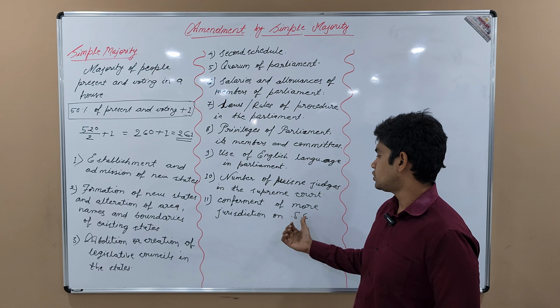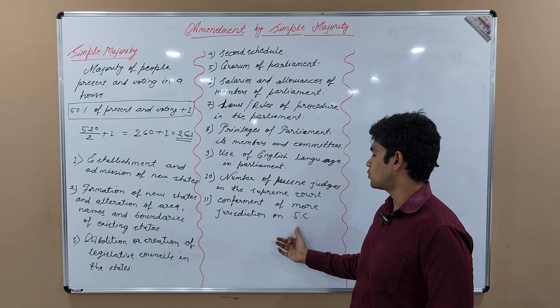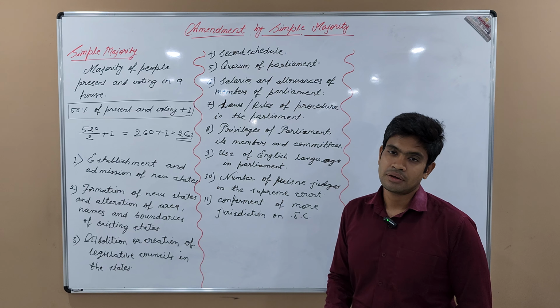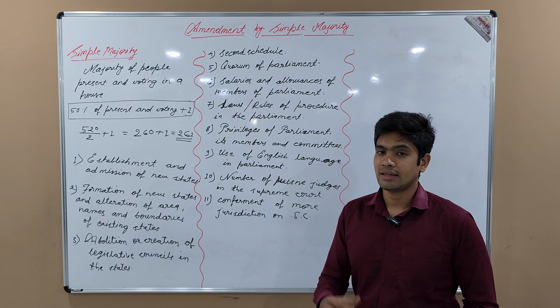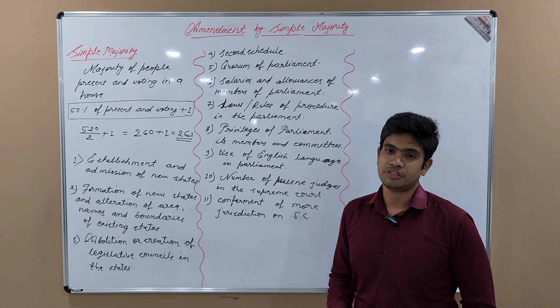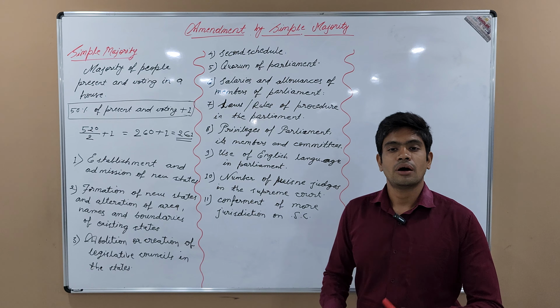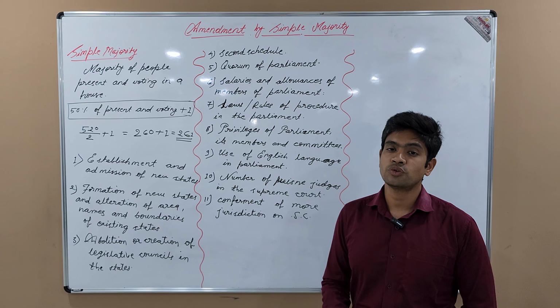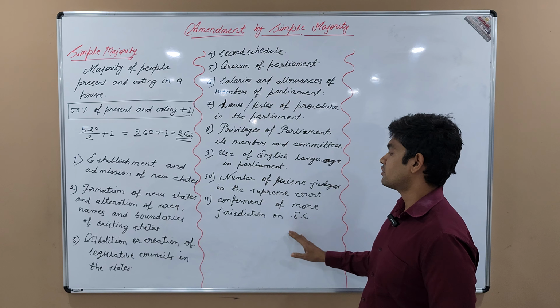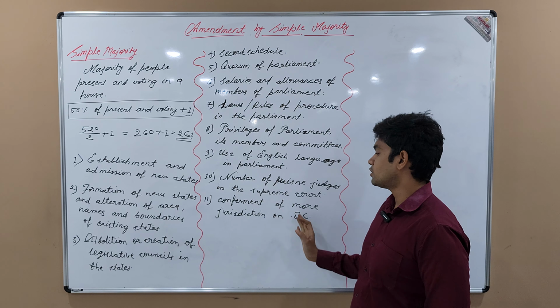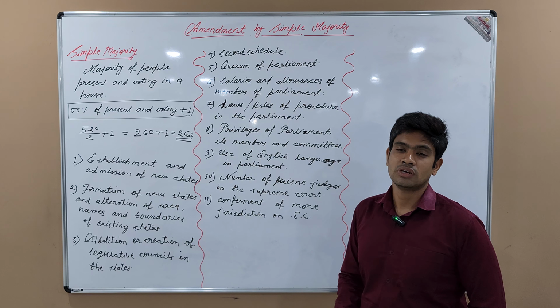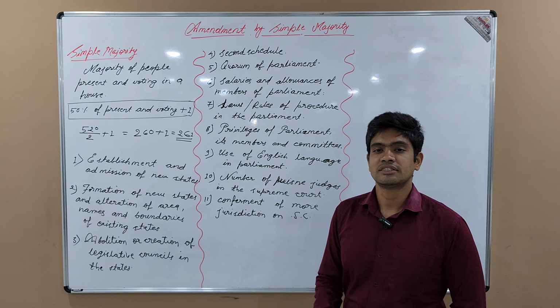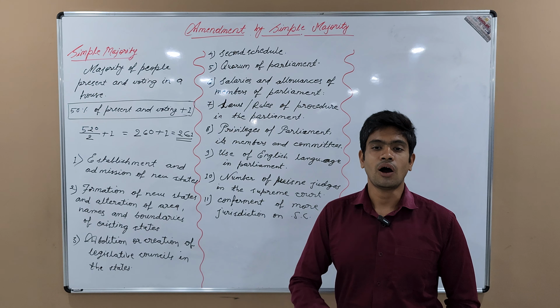So the conferment of more jurisdiction on Supreme Court can also be done by simple majority in each house of the parliament. So whenever a bill will be introduced which proposes increase in the power of the Supreme Court or conferment of more jurisdiction on the Supreme Court, it will be passed only by simple majority in each house.